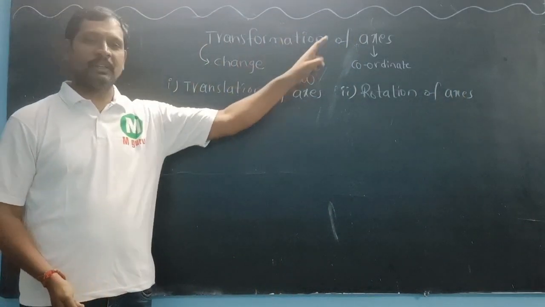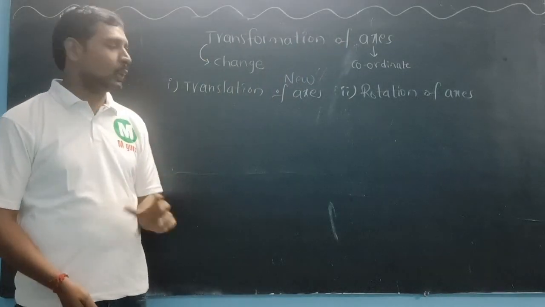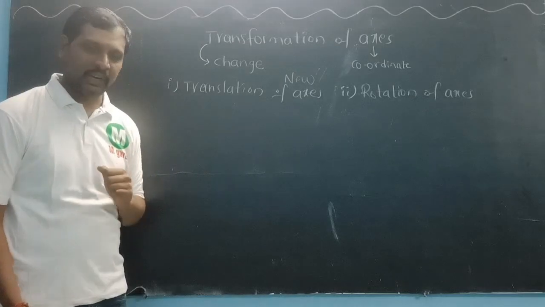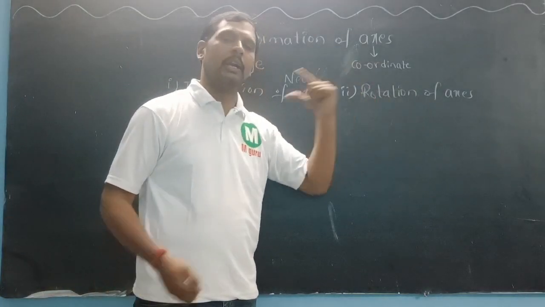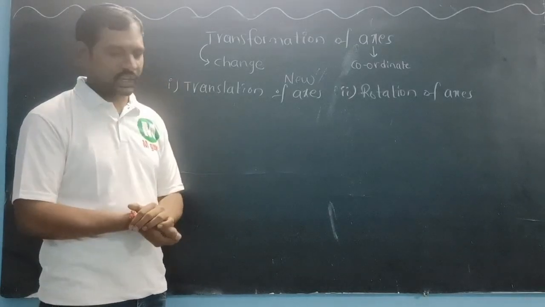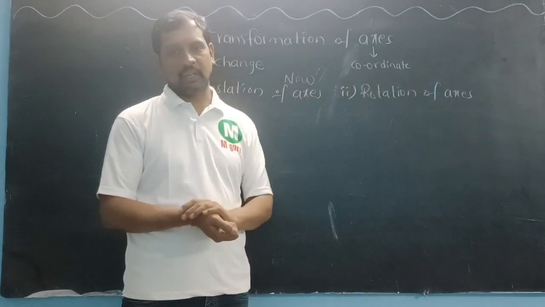See, in transformation of axis, we are going to learn two different topics. One is called translation of axis, the other one is called rotation of axis. Now we are going to see what is translation and what is rotation.